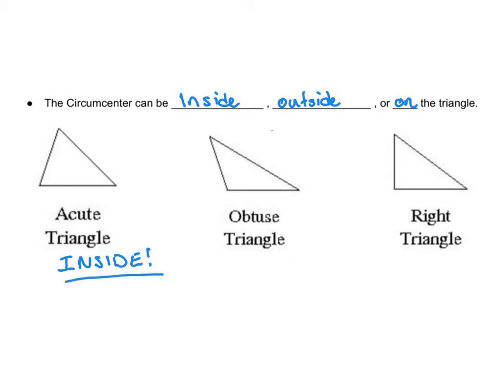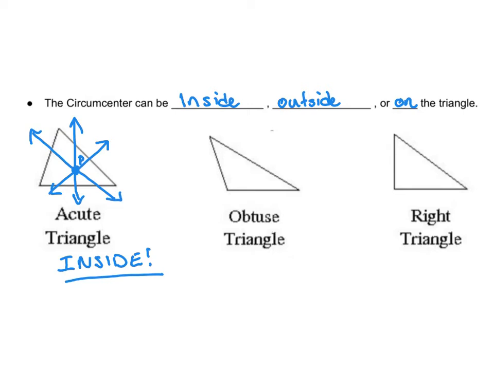For acute triangles, they are always inside. Okay, so an example right here, our circumcenter would be about here, with lines going through it. And you'll see that point of concurrency, or the circumcenter, is inside the triangle when it's an acute triangle.